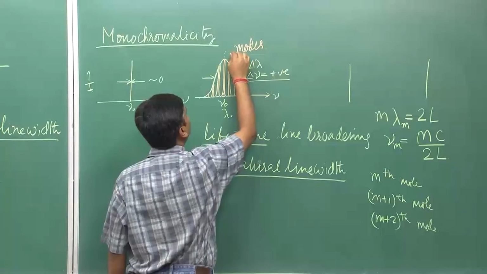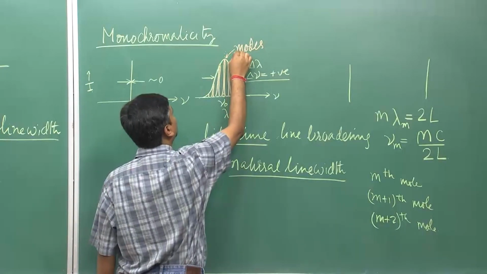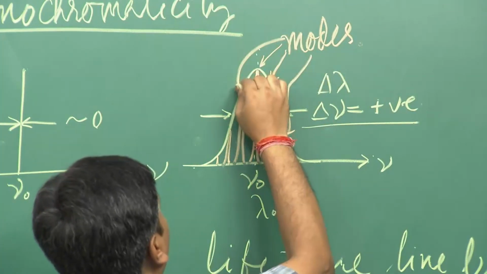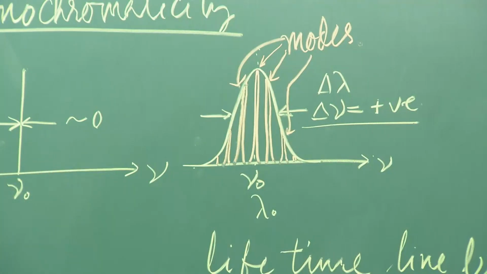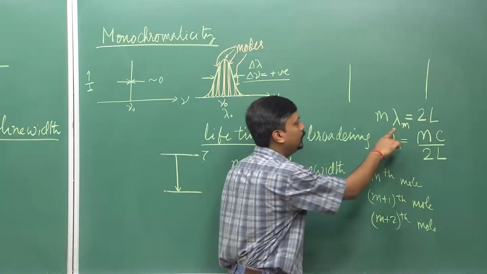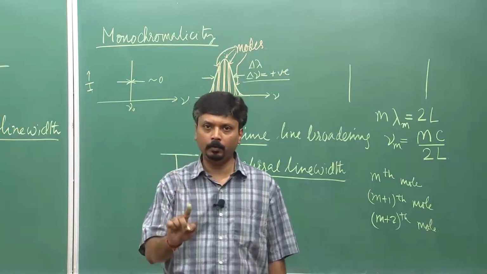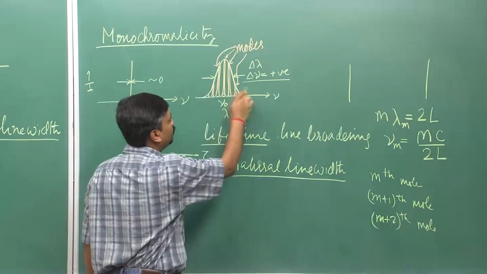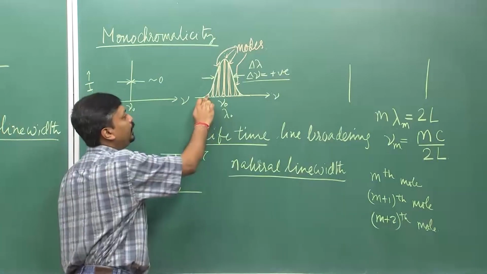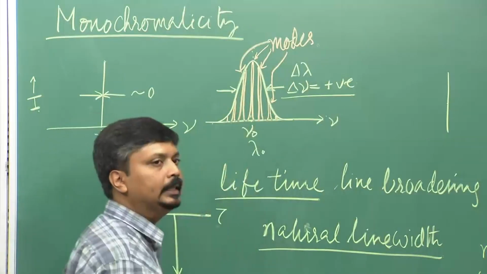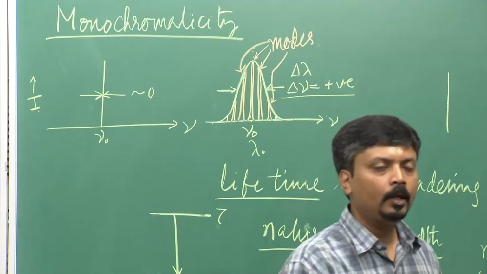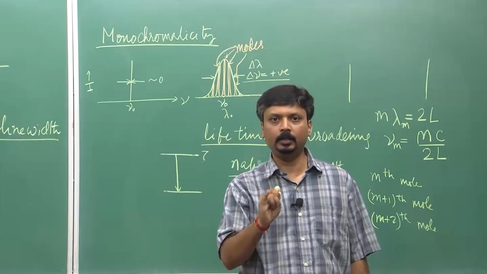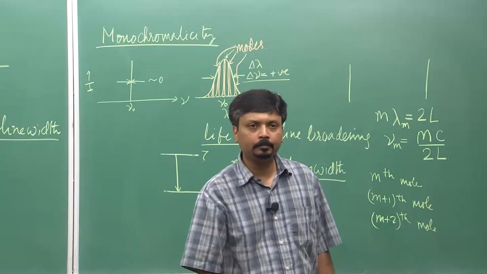Which modes? These are longitudinal modes. All these are different modes. Each mode is associated with a particular color, particular wavelength or particular frequency. So, say over this envelope, if there are 1, 2, 3, 4, 5, 6 modes that can be accommodated, then there are 6 distinct frequencies or distinct wavelengths possible.